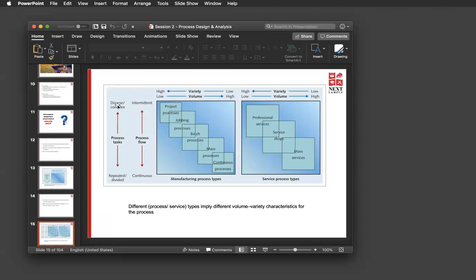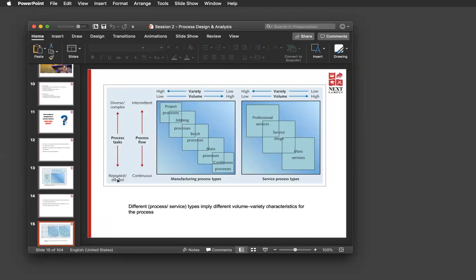Whereas in a continuous process, your activities or tasks will be repeated. There is distinctive repetition in the tasks, and these tasks are highly predictable.